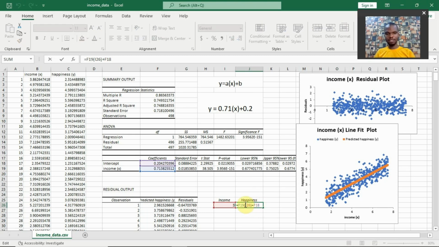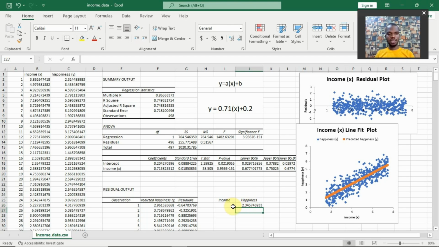You cannot use brackets like that. So it's telling us for someone that has an income of 3 that our model will predict a happiness value of about 2.345.